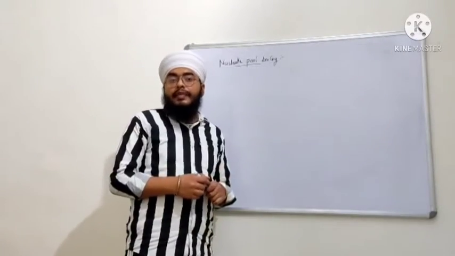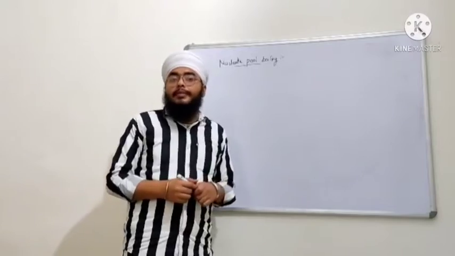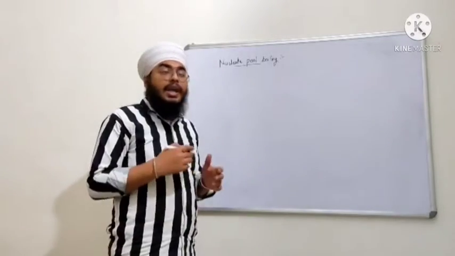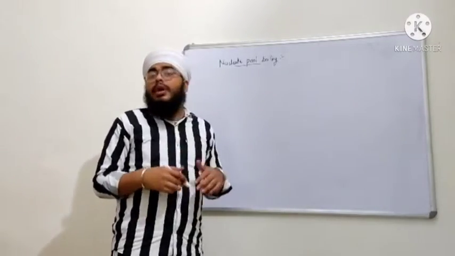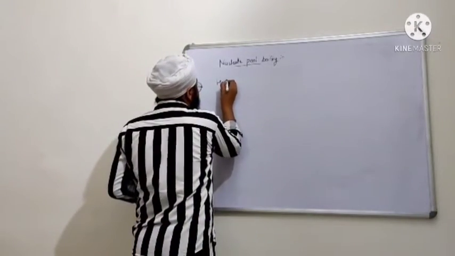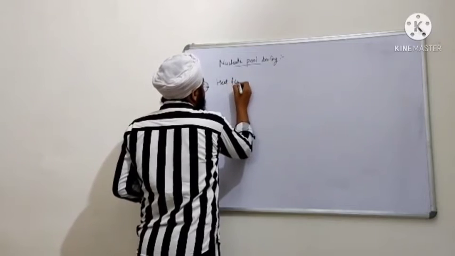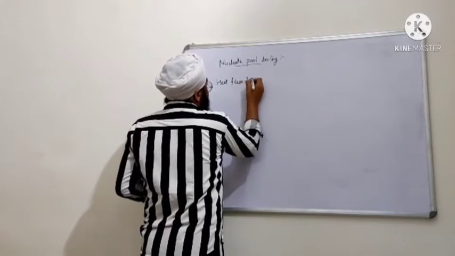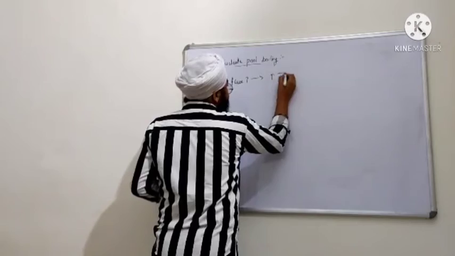The next topic which we will discuss is nucleate pool boiling. In nucleate pool boiling, heat flux increases due to rapid increase in excess temperature. So the heat flux in nucleate pool boiling increases because there is an increase in excess temperature.